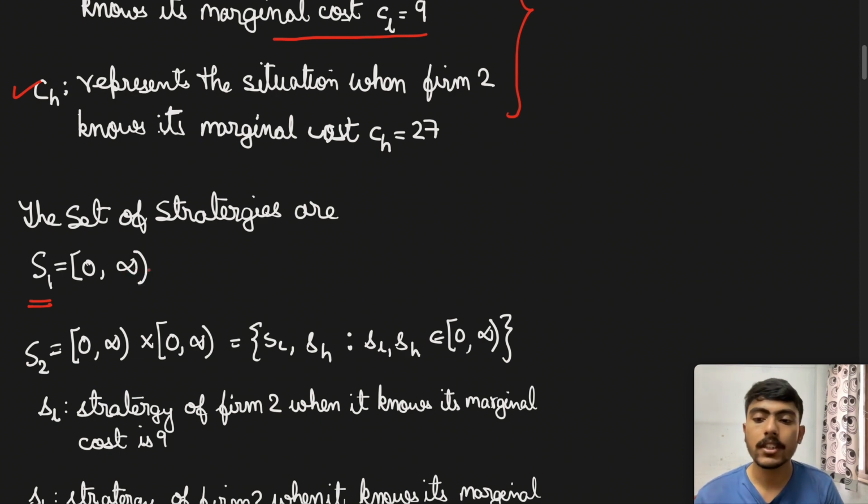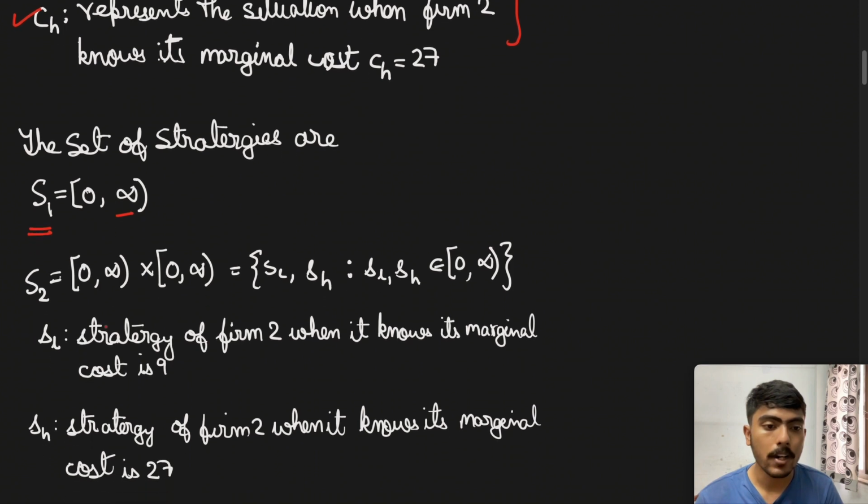Basically, when we set a price for a product, we can apply any price to it. We can set the price as $10, $20, $30 or whatever. The largest price we can set is not fixed, so I took it as infinity. So this is the case of player 1.